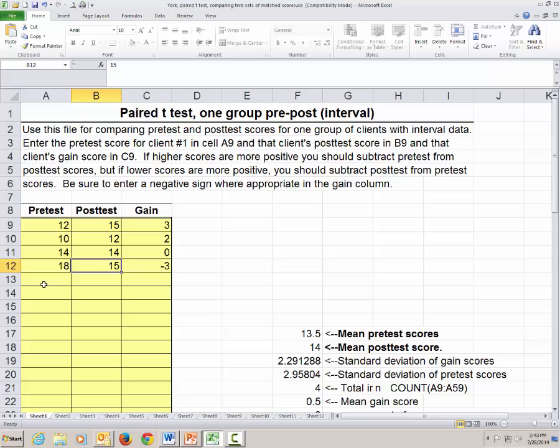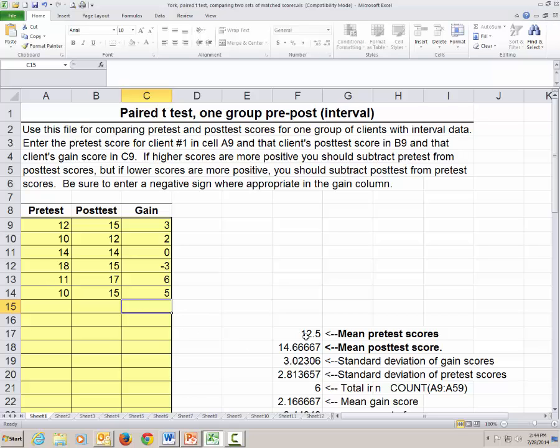So they got a negative score for gain. 11, 17, 6, 10, 15, whoops, I'm sorry, I just messed this up. 10. Okay, let's try again. 10, then 15. This means this one is 5. Okay, those are the data.